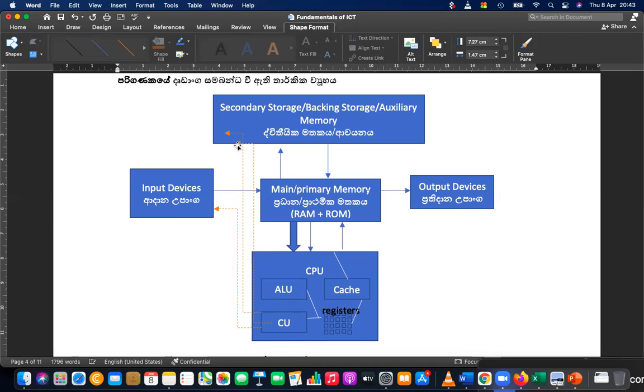Control signals will be passed from this control unit to each and every device.